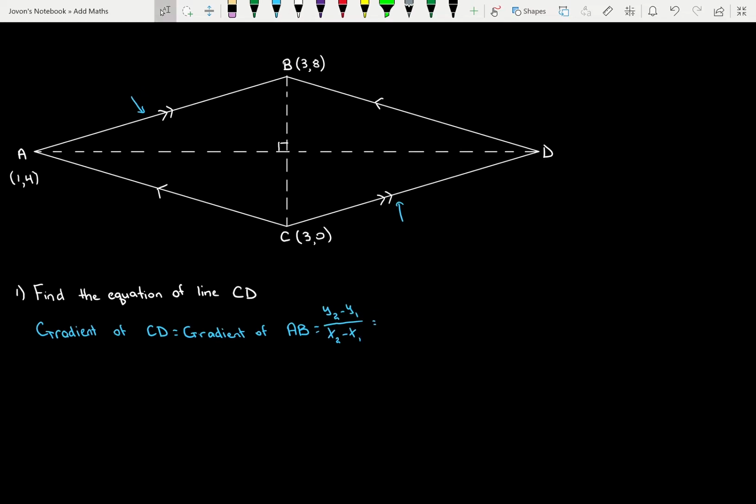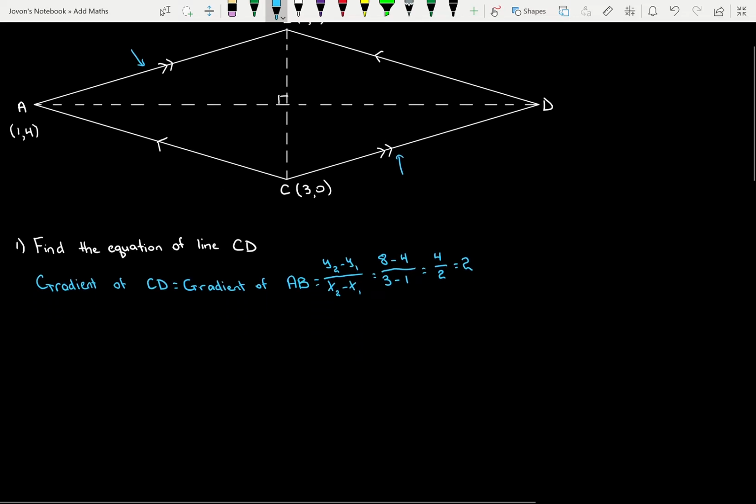So let B be x2, y2 and let A be x1, y1. So it will be 8 minus 4 divided by 3 minus 1, which is equal to 4 over 2, which is equal to 2. So therefore the gradient of AB is 2, and the gradient of CD is equal to 2 as well.